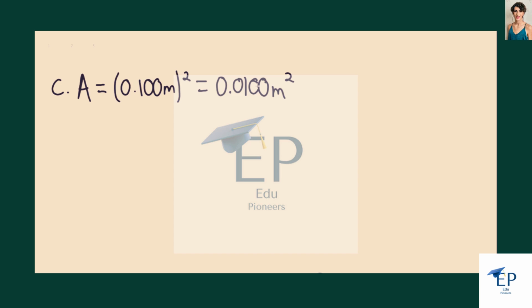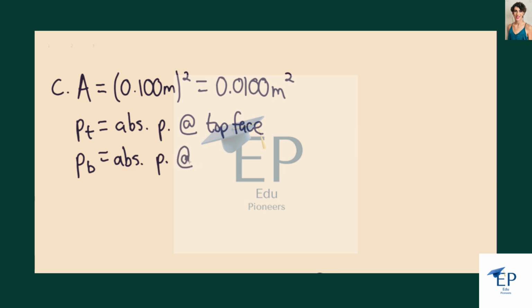We're going to let the absolute pressure at the top face be P sub T, and the absolute pressure at the bottom face be P sub B. The pressure P, the absolute pressure below the interface, equals the force divided by the area, so we can use these pressures to calculate the force exerted by the fluids at the top and bottom of the block.